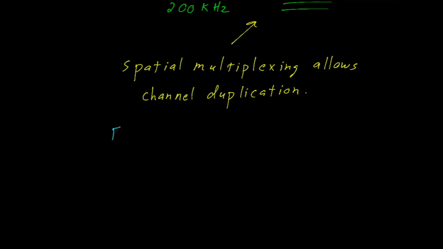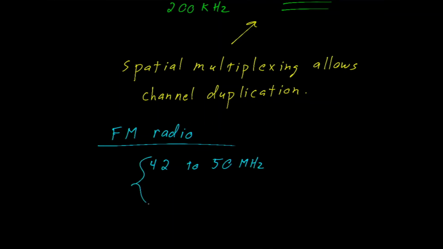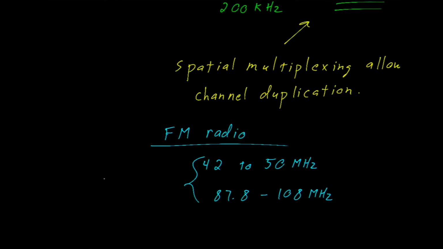Speaking of FM radio, you'll find that it has a very interesting history. Originally, FM, as we know it, was in the 42 to 50 megahertz band. And then some things happened, and it moved to 87.8 to 108 as we know it. If you're curious what happened, it's actually a fascinating story.